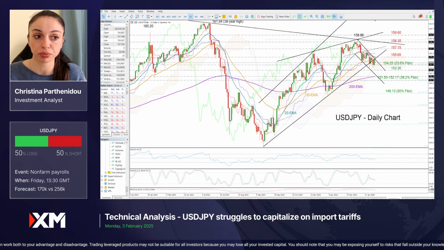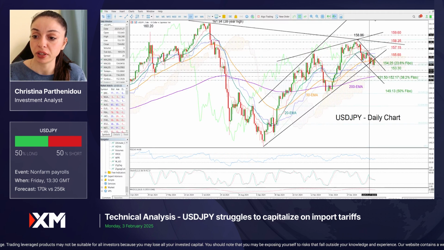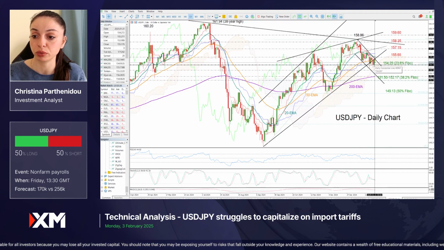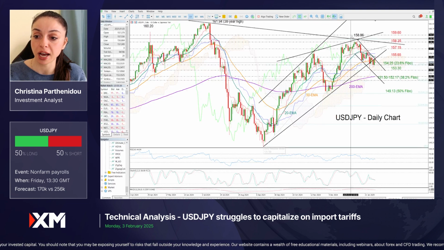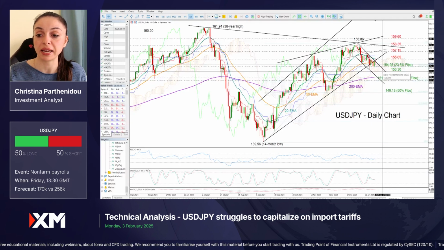Nevertheless, if you look at the price, this is currently trading around the upper band of the Ichimoku cloud, which acted as support last week. The 23.6% Fibonacci retracement of this uplift over here is also nearby at 154.25. So as long as we hold here, there is hope for a rebound. If not, then the focus could fall towards the 153.30 region, where the lower band of the Ichimoku cloud is placed.